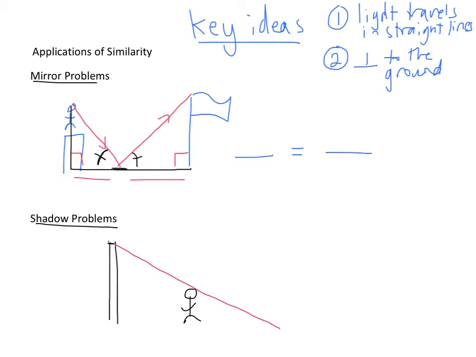So then you can have situations where you can tell what your shadow is, and then you can use that to figure out the distance from the flagpole and things like that. Let's say you wanted to figure out your shadow. You could figure out the distance that you walked away from the flagpole.